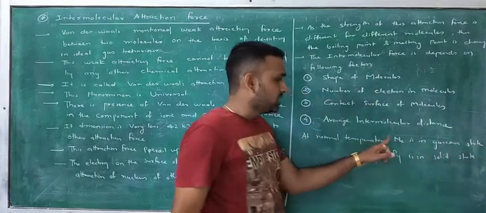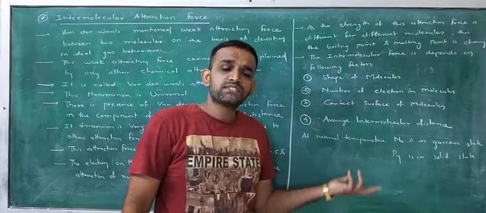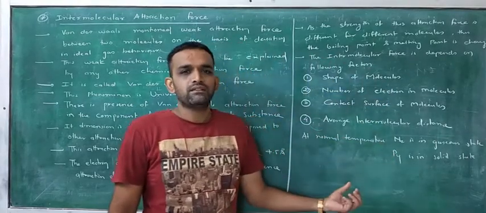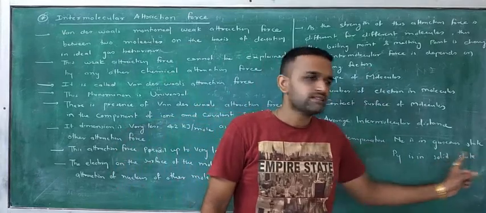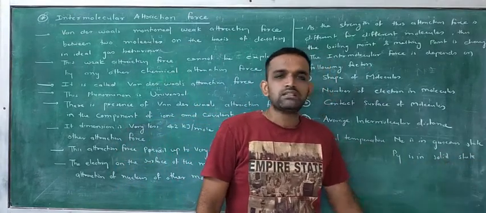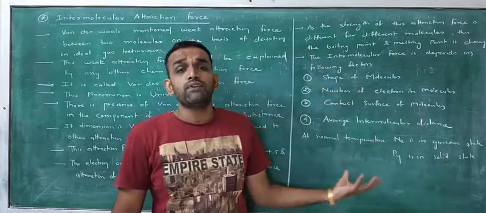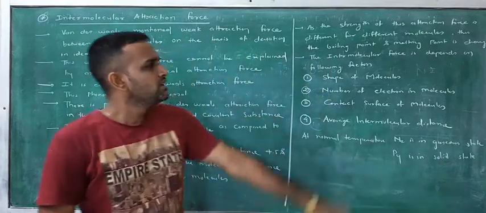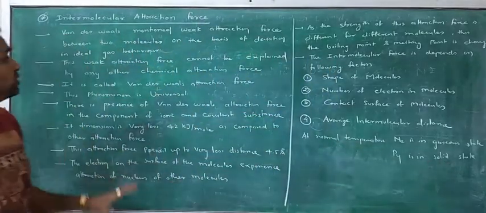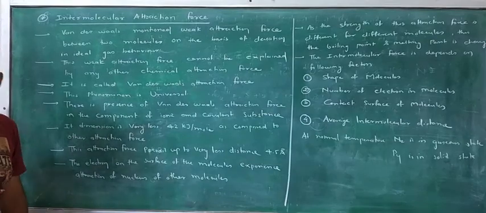Even though both nitrogen and phosphorus are of the same group, N2 is in a gaseous state and P4 is in the solid state. Why? This is because of van der Waals attraction force. Understand? So all these things you have to know. This is all about the intermolecular attraction.